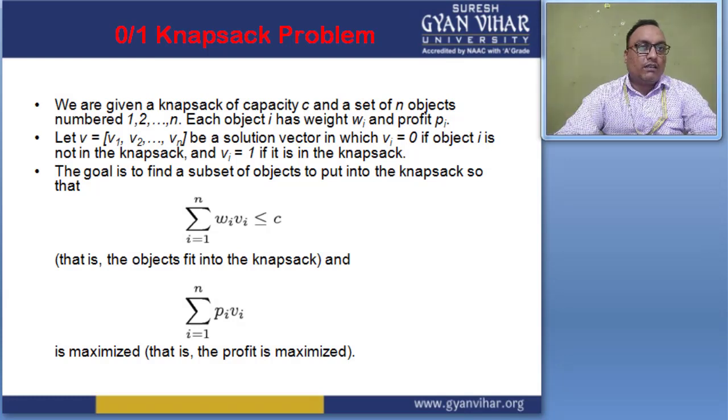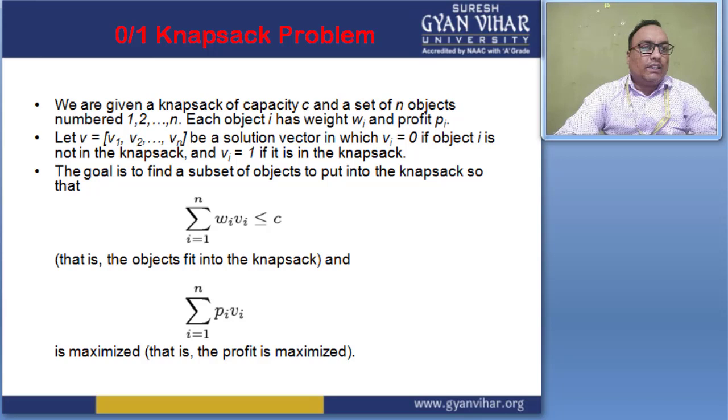We are given a knapsack of capacity C and a set of n objects numbered 1, 2, up to n, and each object i has a weight Wi and a profit Pi. Then let V be the solution vector, defined as V1, V2, up to Vn, in which Vi equals 0 if object i is not in the knapsack, and Vi equals 1 if it is in the knapsack.